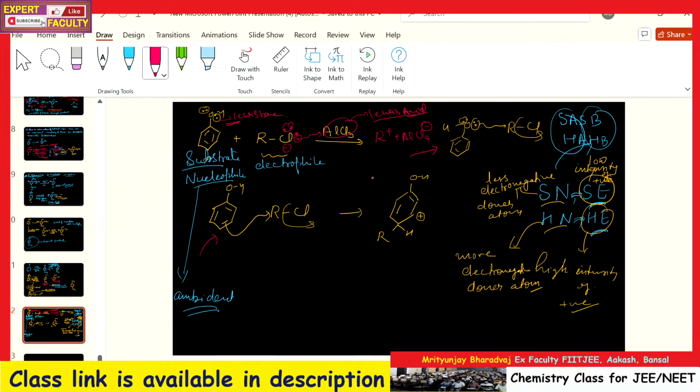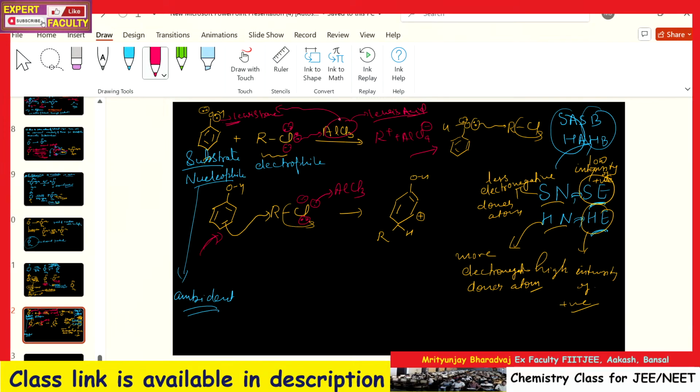But for the second path, the removal of Cl is facilitated by AlCl3. And if AlCl3 gets reacted with the substrate, then the reagent will not get the opportunity for this step.